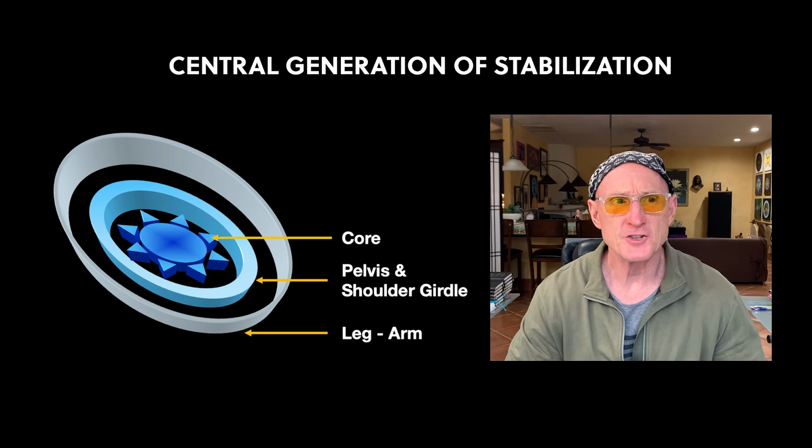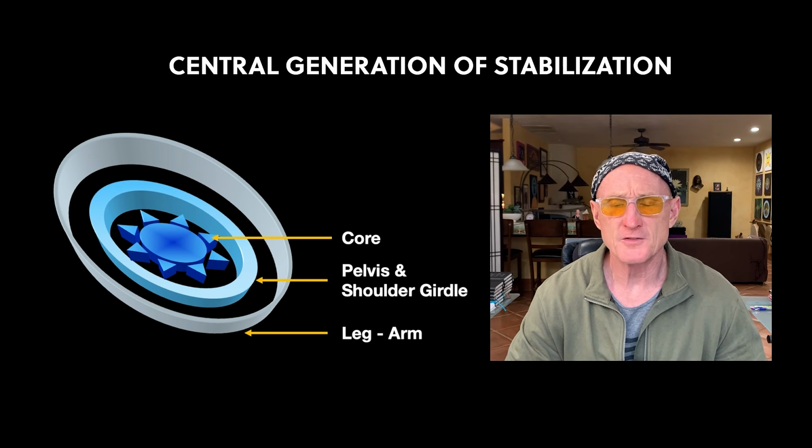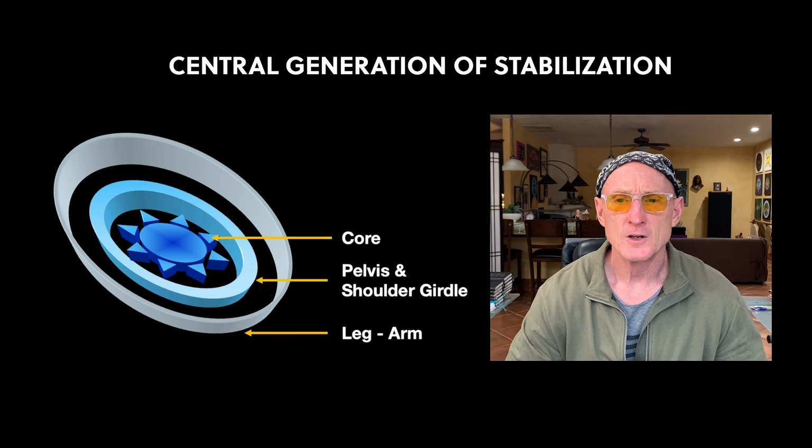Now, when it comes to movement, it's very interesting that research clearly shows that we have centrally generated movement. This is the case anytime we are not using an external form of support, such as a wall or a floor or a cane.